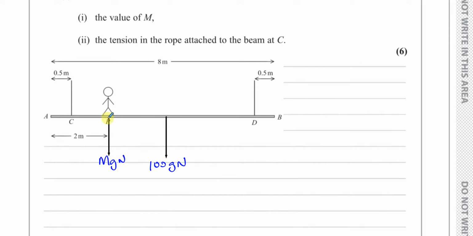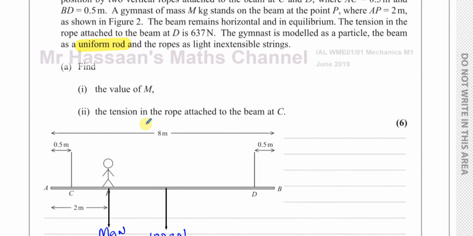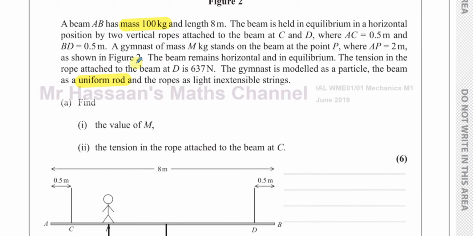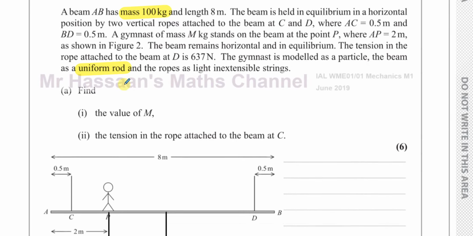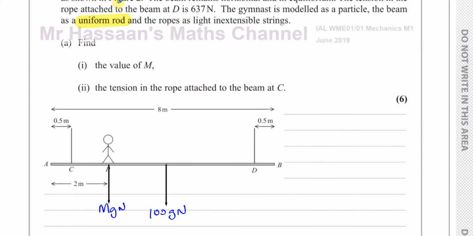Then the tension in the rope attached to the beam at D is 637 newtons, which we know.